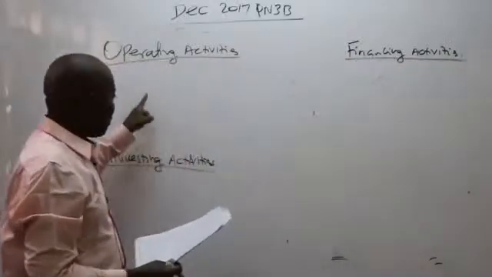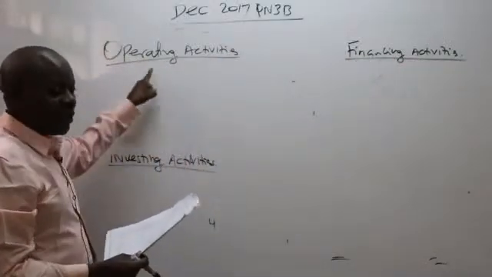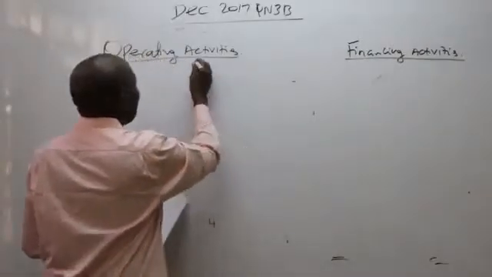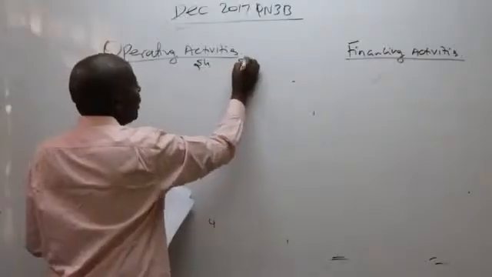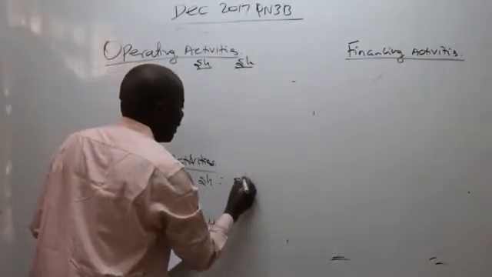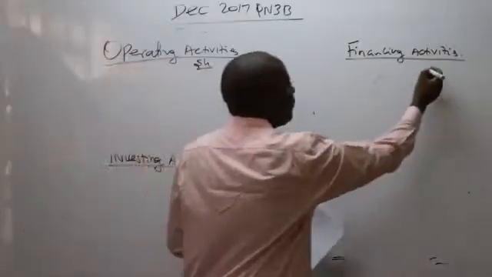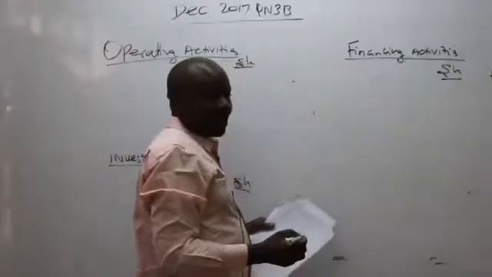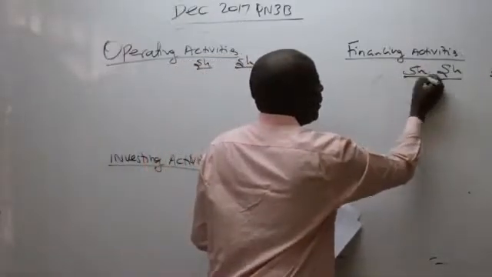You guys are lucky because you'll have one sheet. After financing activities, of course, I know that here I have shillings. I'll have to capture my currencies like that. Shillings there, shillings here, and shillings there.